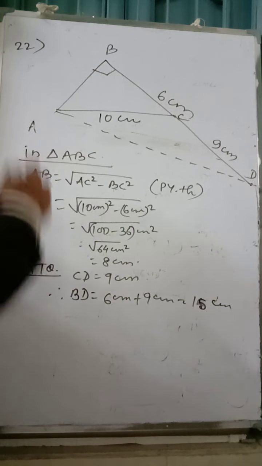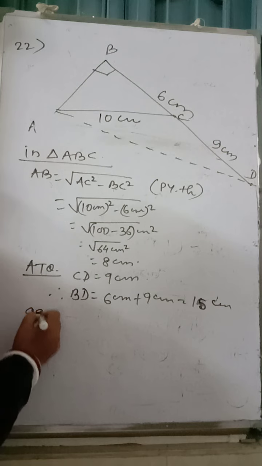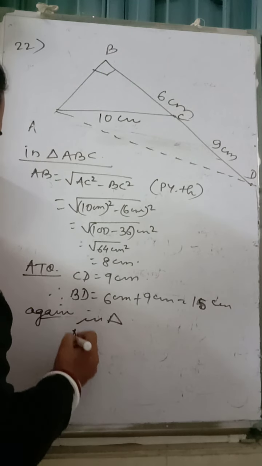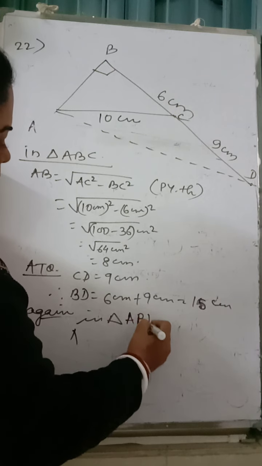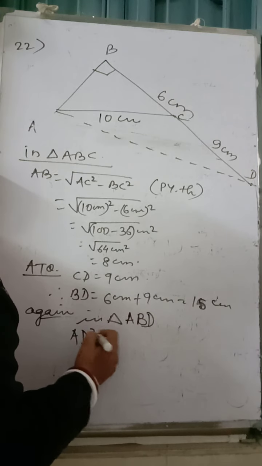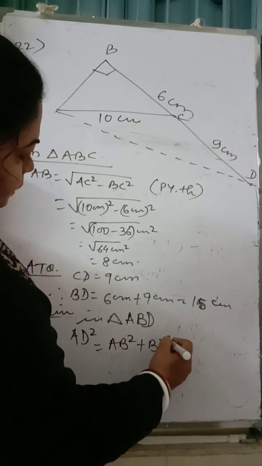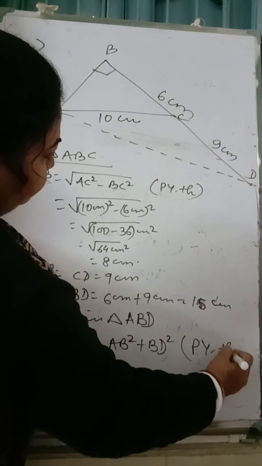Clear? Now, again in triangle ABD, AD square is equal to AB square plus BD square. This is the Pythagoras theorem we have.